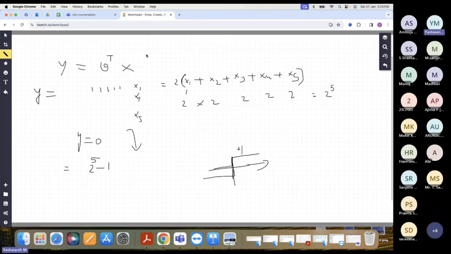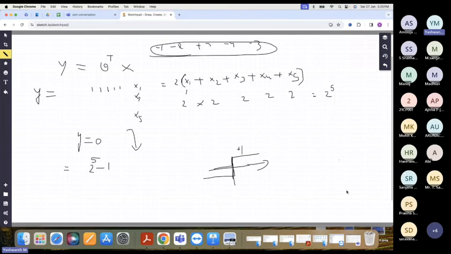What is interesting is if you put theta as -1, -2, +3, -4. There you need some work. It's not completely trivial. You have to compute this inner product.